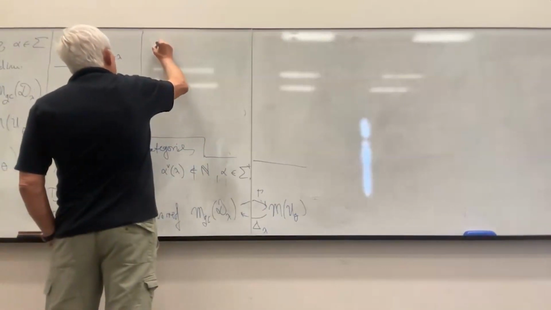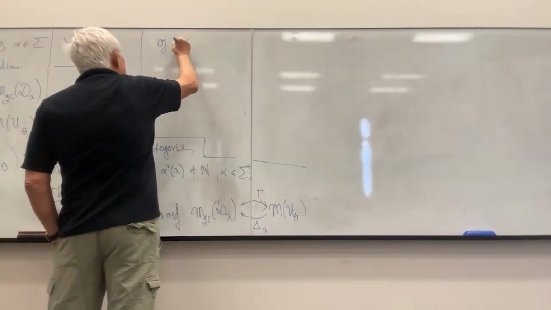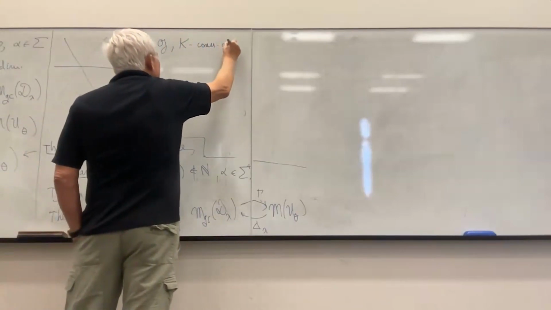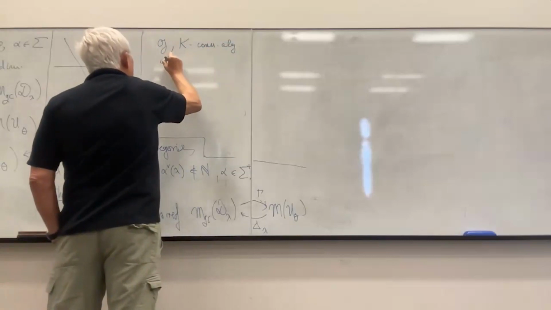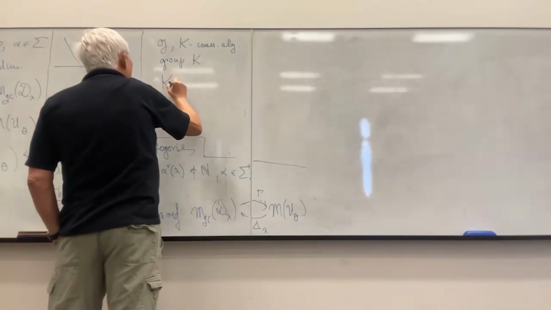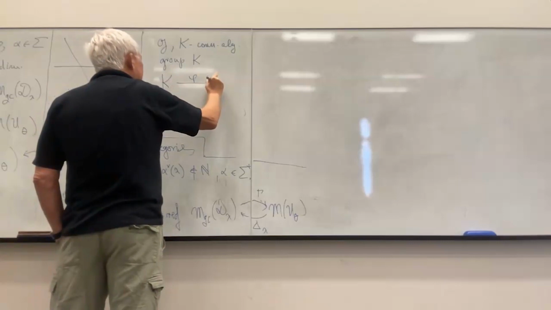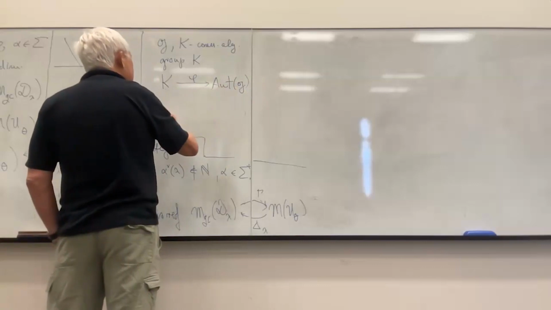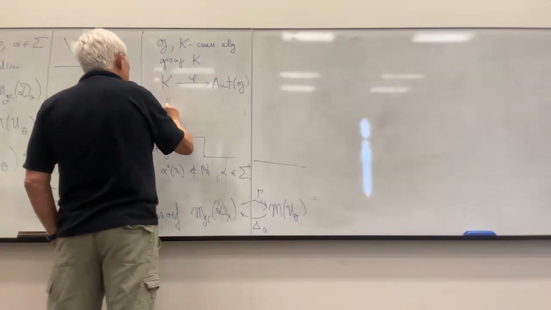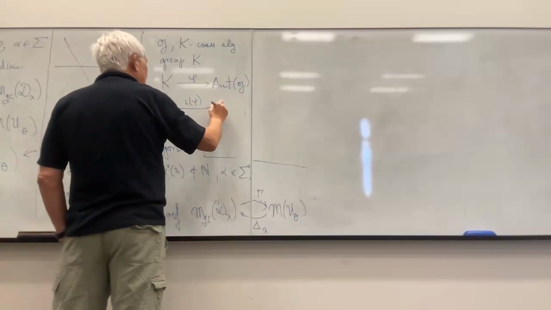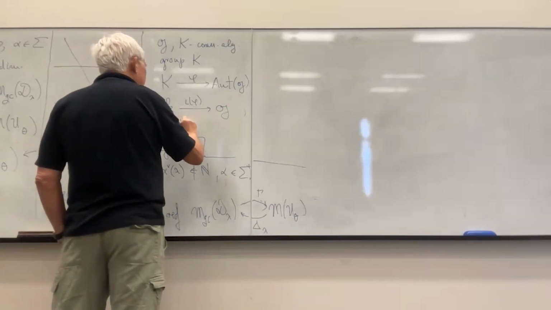So we have our G, and now we have a connected algebraic group K with a homomorphism phi into automorphisms of G, such that the differential is injective.